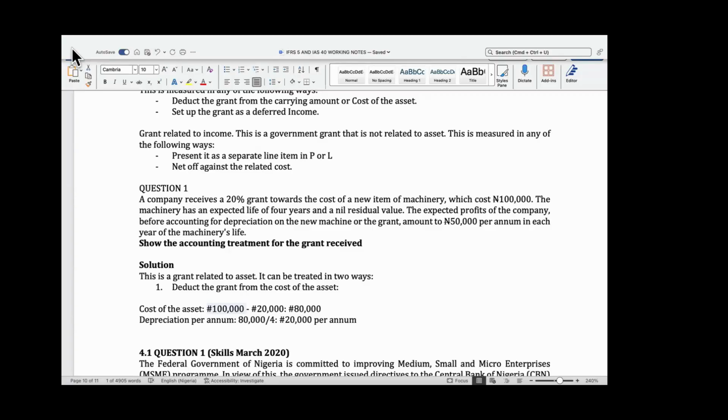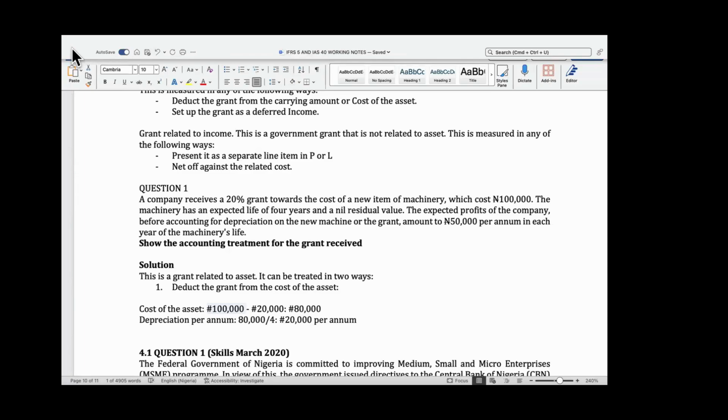So two of them makes 100. Then I will now go and debit with the tune of 100,000. Which account will I debit? Oh, okay. So I will now go and debit machinery account with 100,000, sir. Wrong.